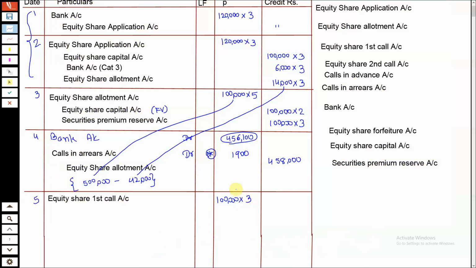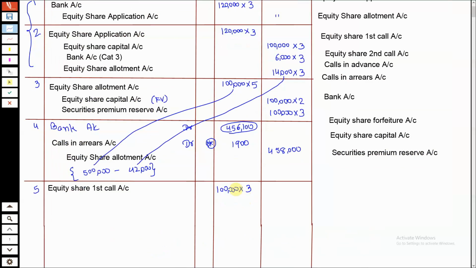So 3 was receivable and out of that face value will go to equity share capital and premium will go to securities premium.